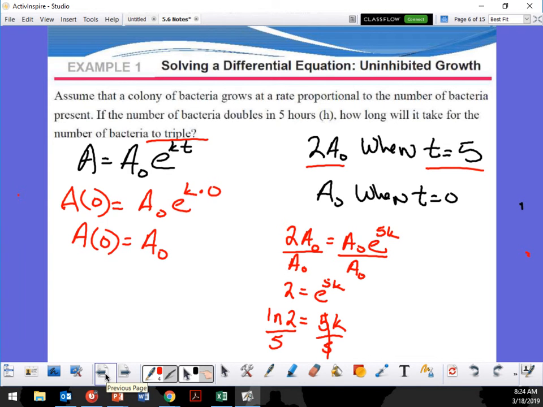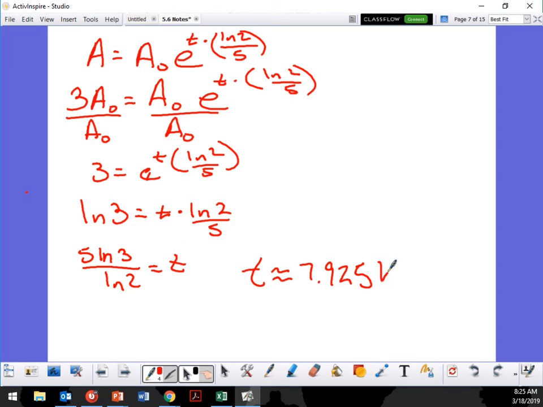What are my units on that? Hours. Okay, does that seem right? It takes 5 hours to double, and basically 8 hours to triple. So it's increasing faster, isn't it? Yeah. Okay. Good.